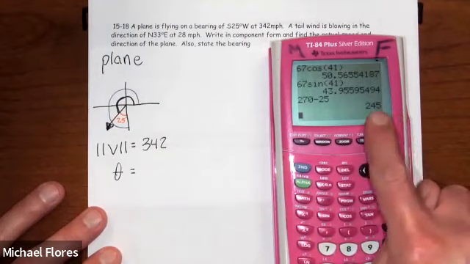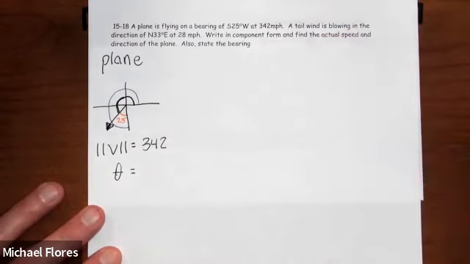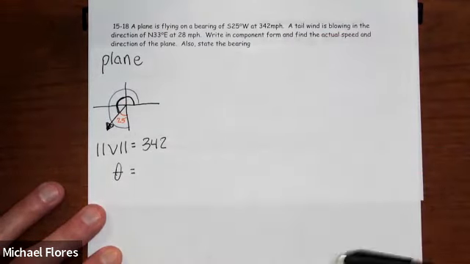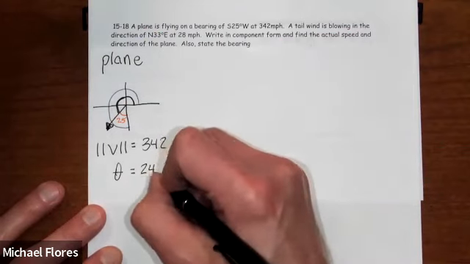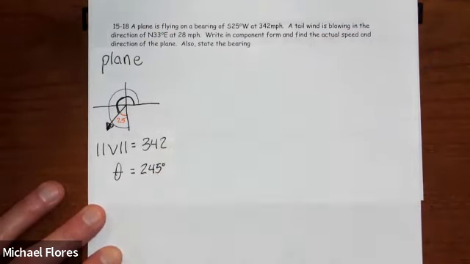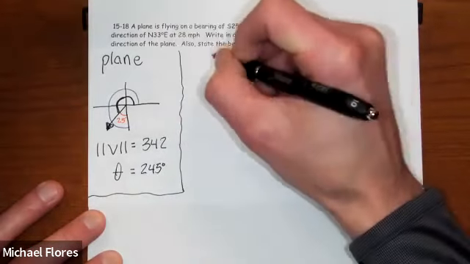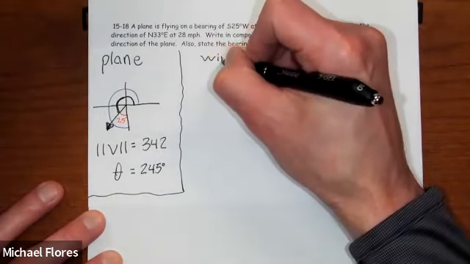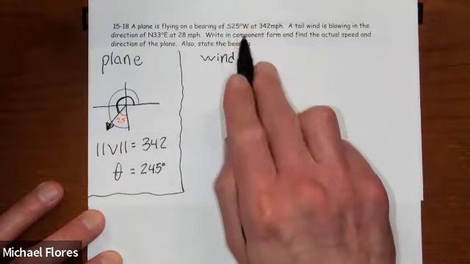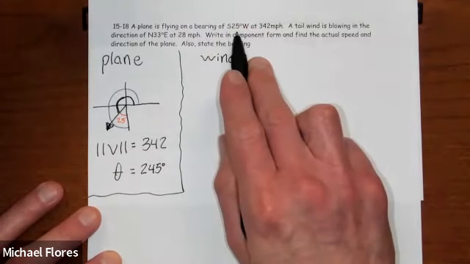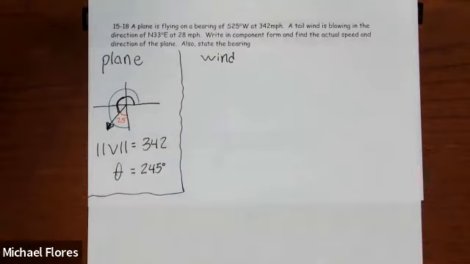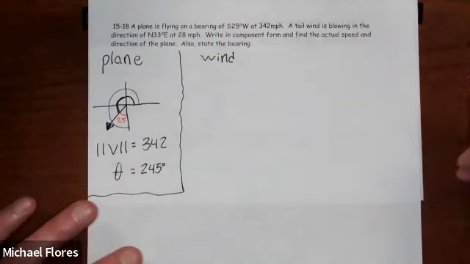And that gives us the direction that the plane is flying. 245 degrees. Let me section this off just a bit. Okay, that's the bearing. The bearing was south 25 degrees west, but that helped us determine the direction of the plane in relation to the positive x-axis.